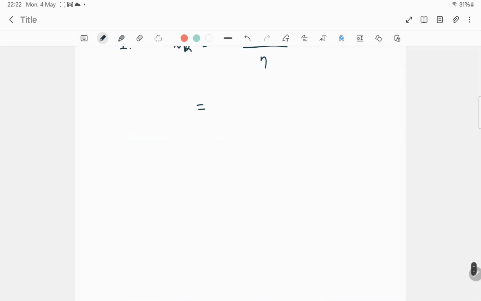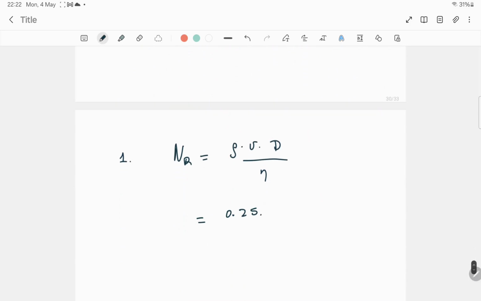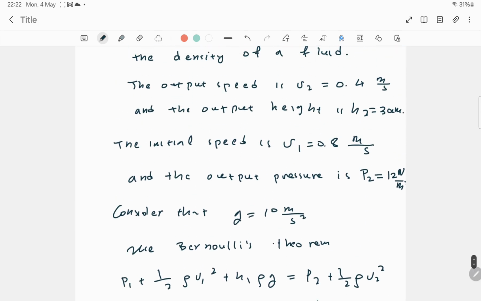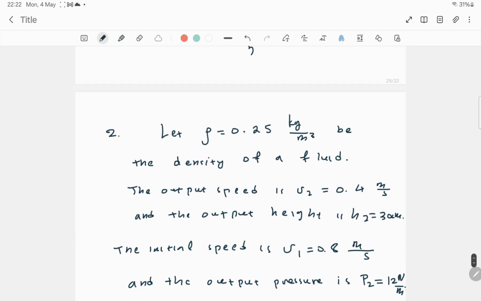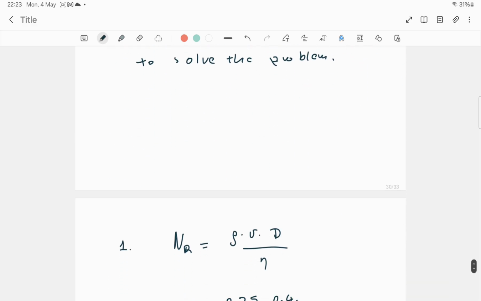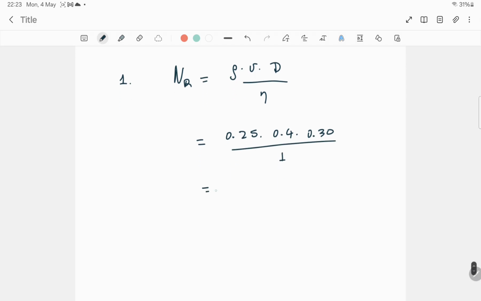It is 0.25, times the velocity 0.4, the diameter, which is 0.30, and divide by 1 because the viscosity is equal to 1. So 0.25 times 0.4 times 0.30.